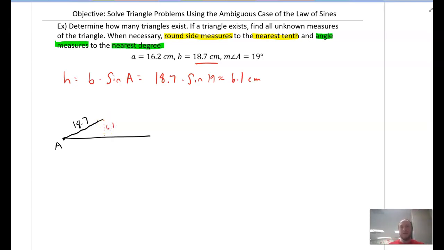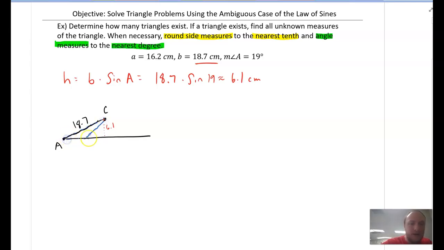Now I need my other side, which is side A. It's 16.2 centimeters. I always tell my students, from this vertex, which is C, this distance is 6.1, and to go over here, this is 18.7. Well, 16.2, which I'll draw in a different color, fits in between, right?